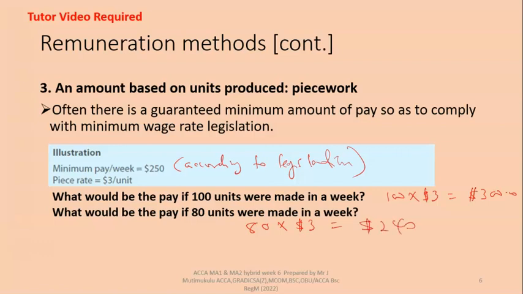But we know that it is impossible to pay somebody 240, so you would be required to pay them 250, not the 240, because the minimum wage is 250.